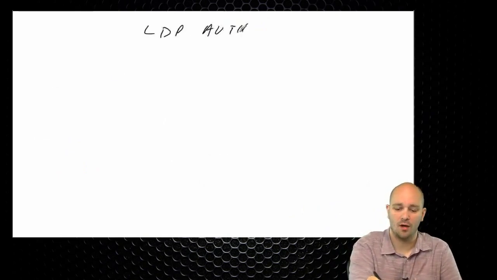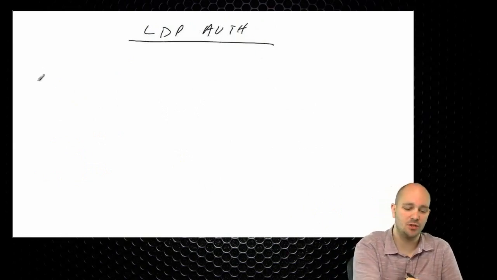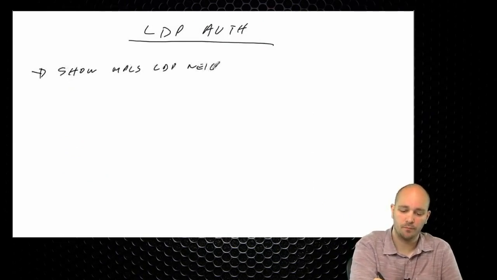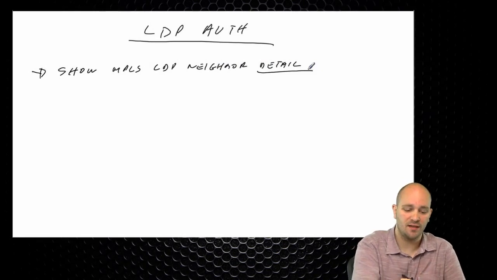Now, when it comes to LDP authentication, I'm just going to spend one more moment on it. The important thing is that you can see whether it's enabled with show mpls ldp neighbor, but it's important to run detail. One of the things you should be looking at here is the TCP session.